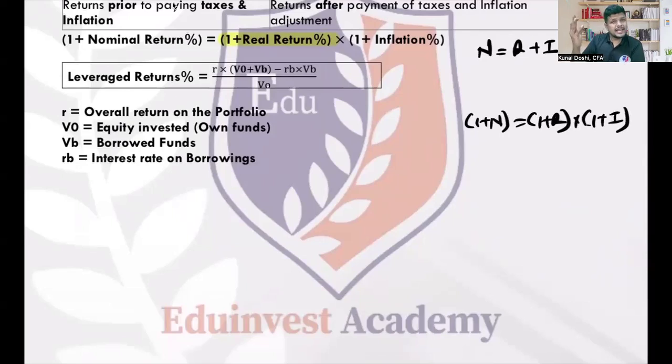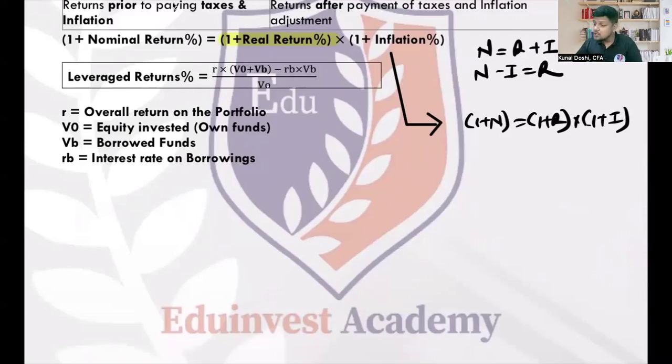So arithmetically, if I want to find real returns, nominal minus inflation is real return. Correct? It's very simple. So if the nominal return is 10%, inflation is 2, real return is 8. Correct? However, in exam, we don't adjust like this. We adjust in compounded form. So if the nominal return is 10%, inflation is 2, real return is not exactly 8.